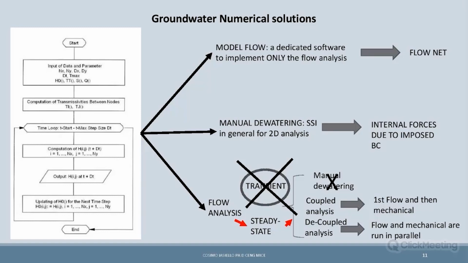I would say this is the pure and the best way of doing it. And also MIDAS is offering the decoupled analysis, and these results are very attractive in those cases where the influence of the flow and the mechanical are not clearly clashing. In this case, the flow and mechanical run in parallel.